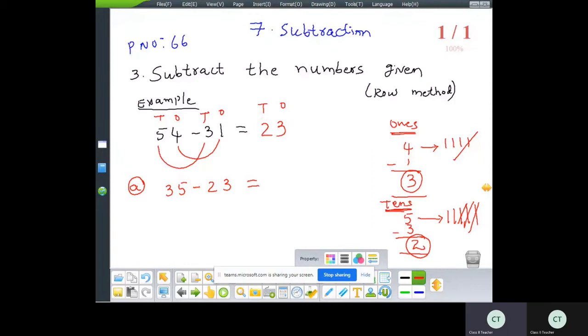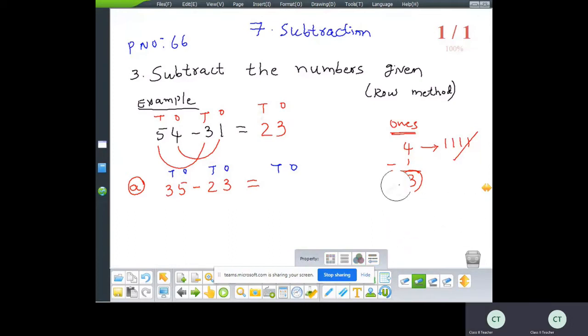In the answer, we also require the place values, 1 and 10. First, we see what the digits are in the 1's place and the 10's place.